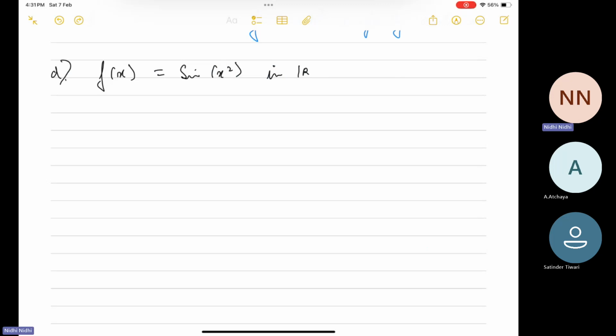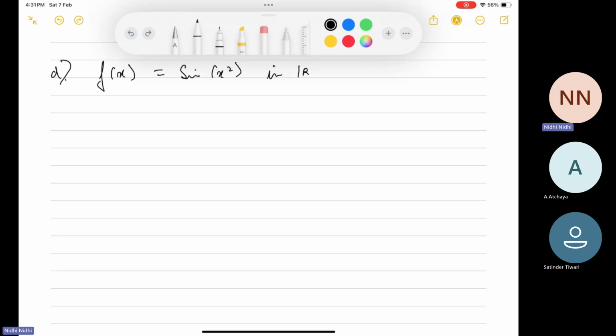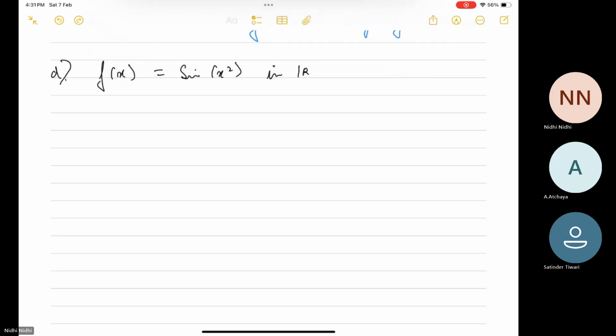So could you find some sequences? Okay, I'll explain. So if we take the sequence xn equals under root n pi and yn equals under root of (n pi plus pi by 2).